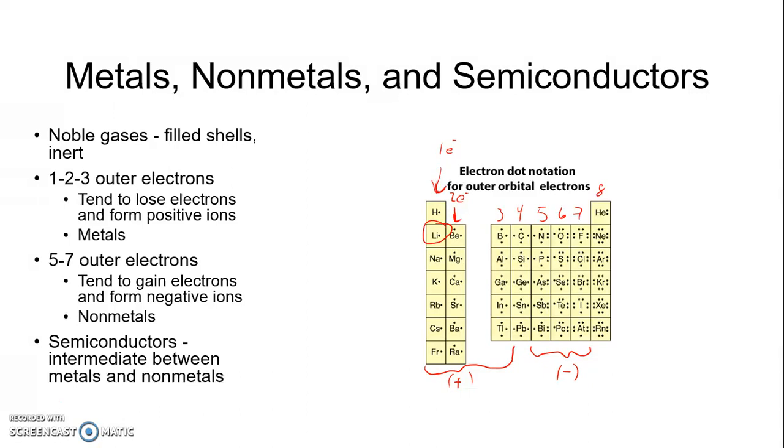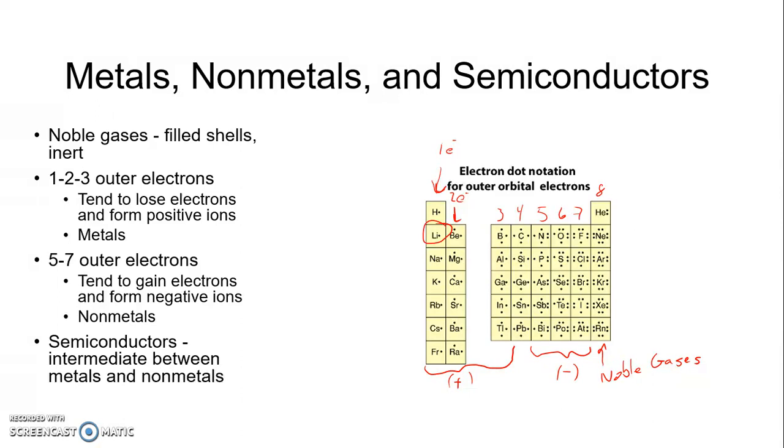These tend to be your nonmetals. This eighth column, these are called noble gases because they are extremely stable. They already have 8 electrons in the outer shell. They don't tend to gain or lose any more electrons.